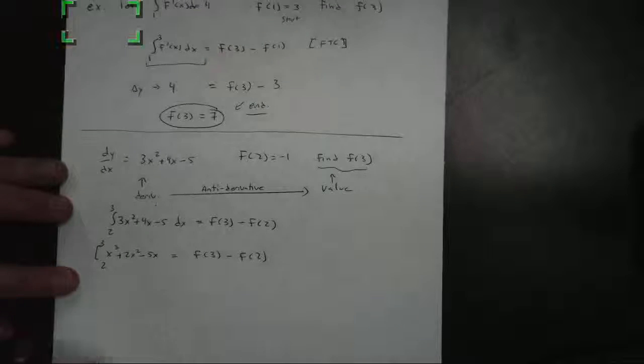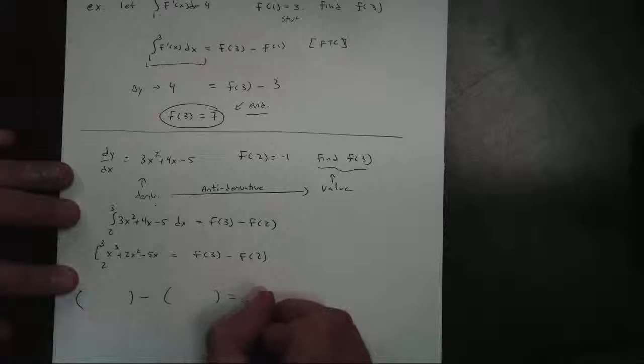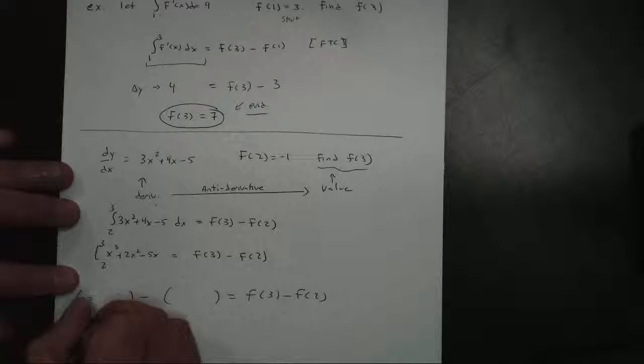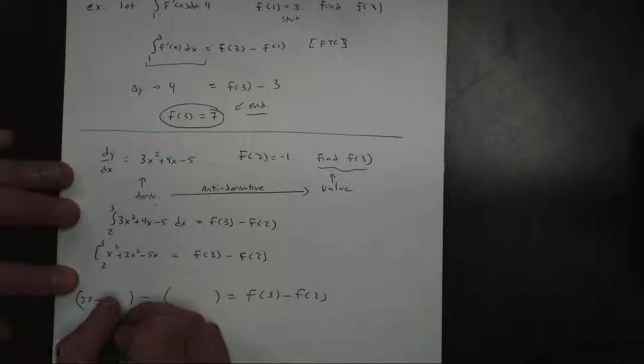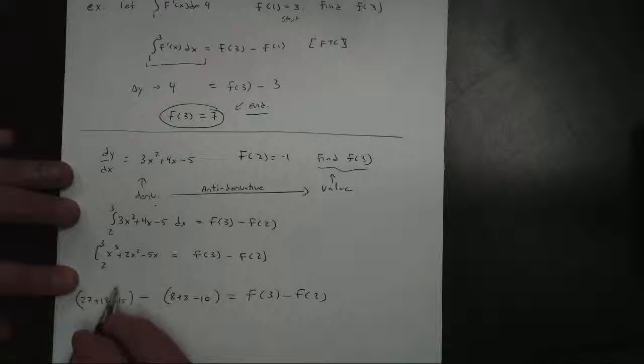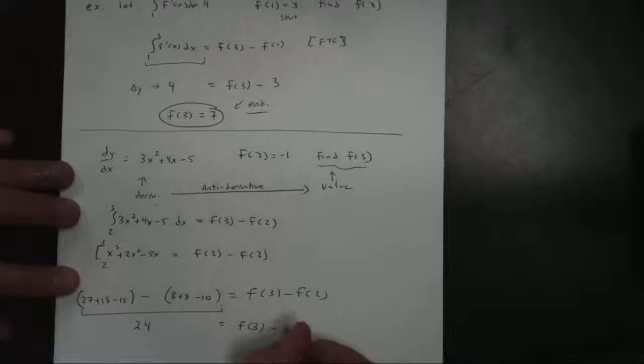So if I use the FTC now, if I plug this in, we get 27 plus 18 minus 15, and plug in the 2, we get 8 plus 8 minus 10. And if I simplify all of this, this becomes 24. You can verify that in a calculator if you want to. Equal to f of 3 minus f of 2.